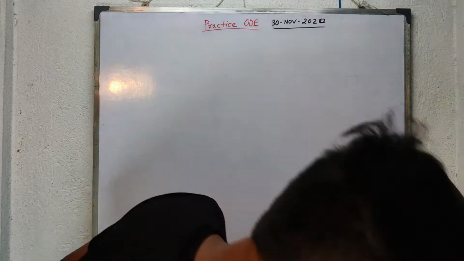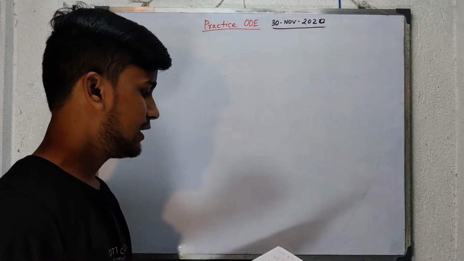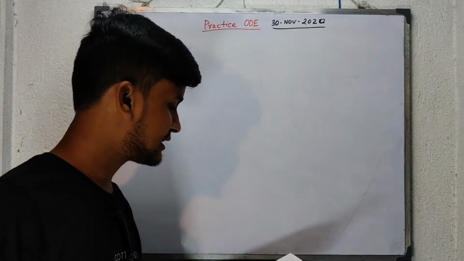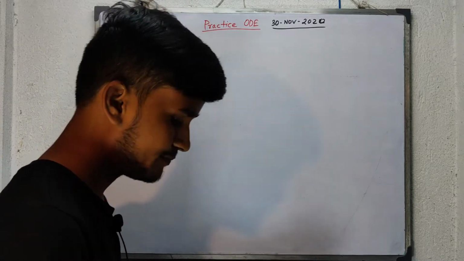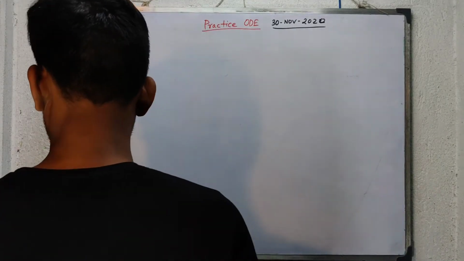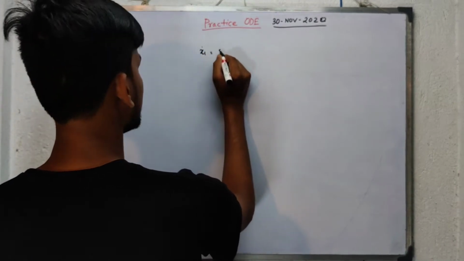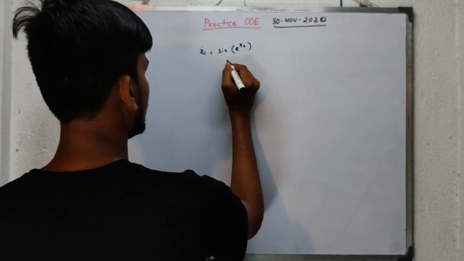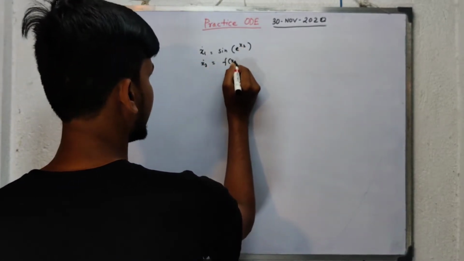Okay, so the first question says: let f from R to R be a locally Lipschitz function. Consider the system of ODEs given by x dot equal to, the question is given x1 dot equal to sine of exponential x2, and x2 dot equal to f of x1, x2.